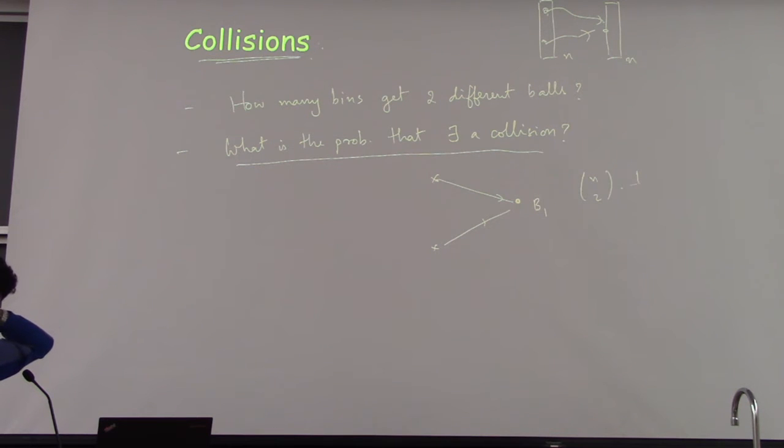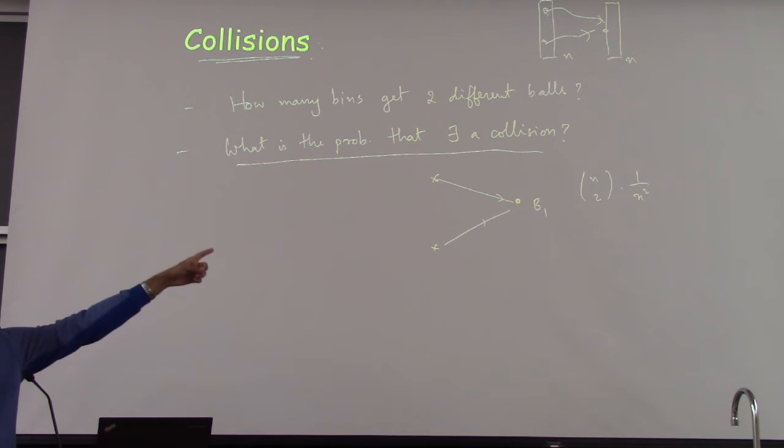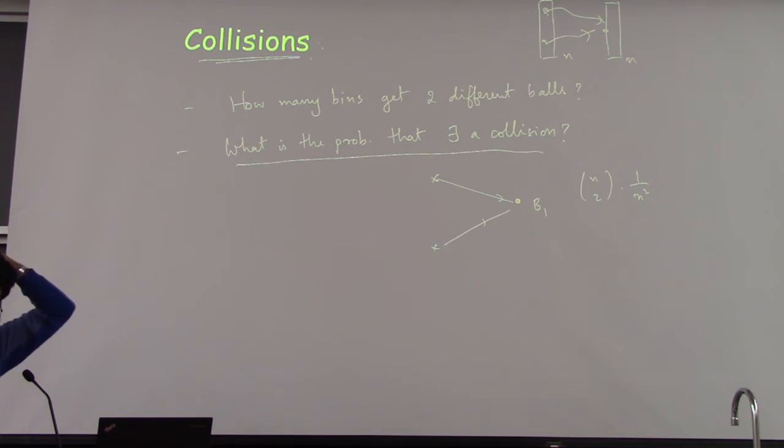For each one it's 1 by n squared, because this has to hash to that and this has to hash to that. And n choose 2 is the number of pairs that you have. And it turns out this is roughly half.